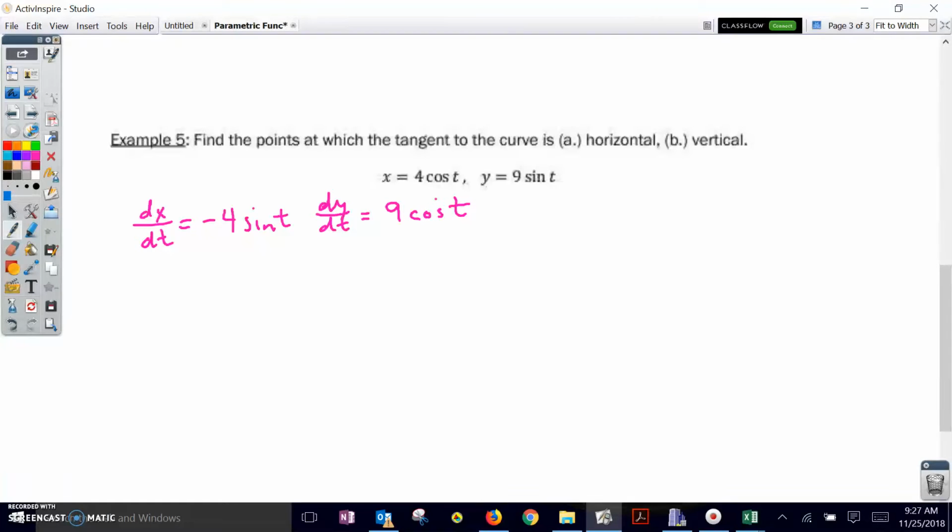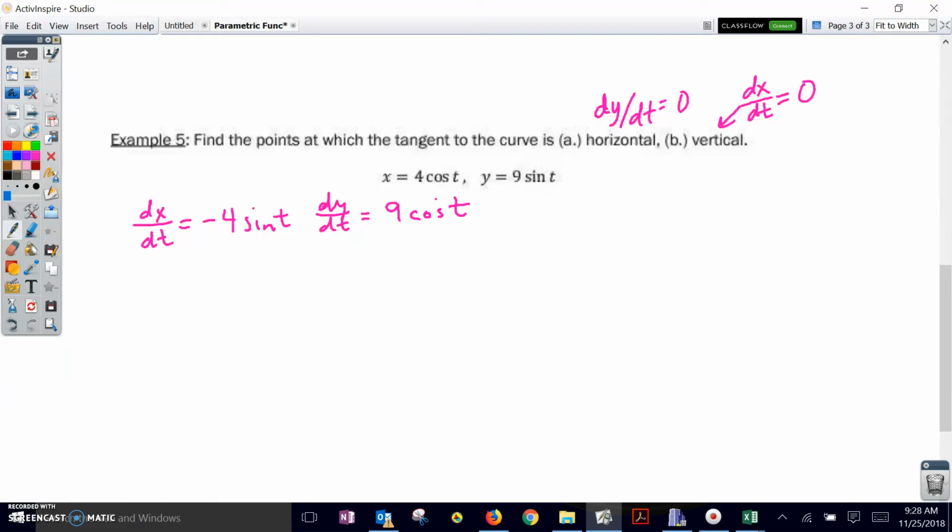Alright, so in order for there to be a tangent to the curve that's horizontal, that means the change in y at that time is 0. And in order for there to be a tangent to the curve that's vertical, that means that the change in x with respect to t is equal to 0 there.